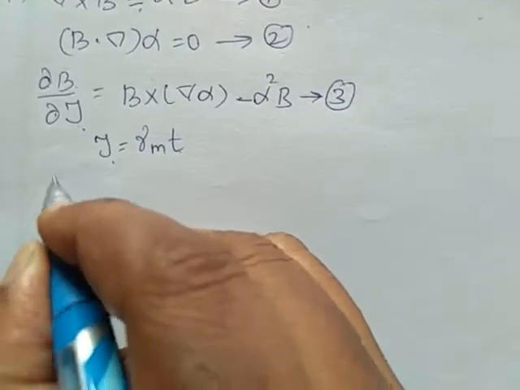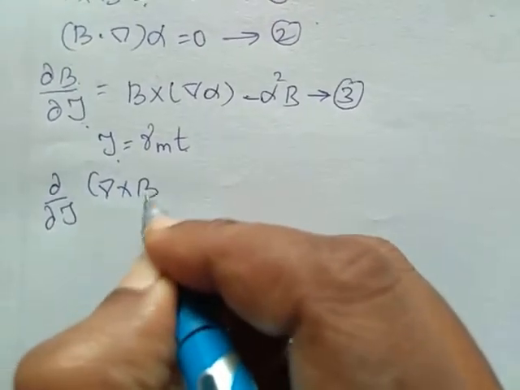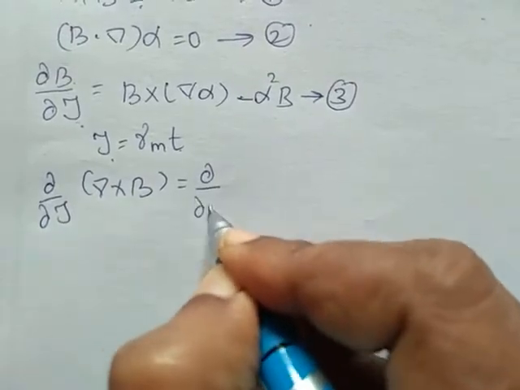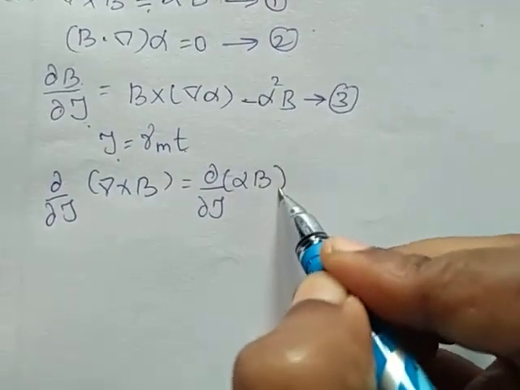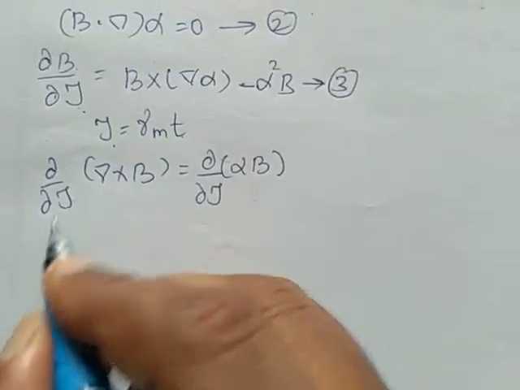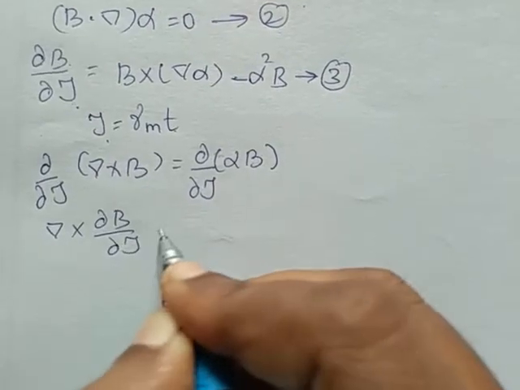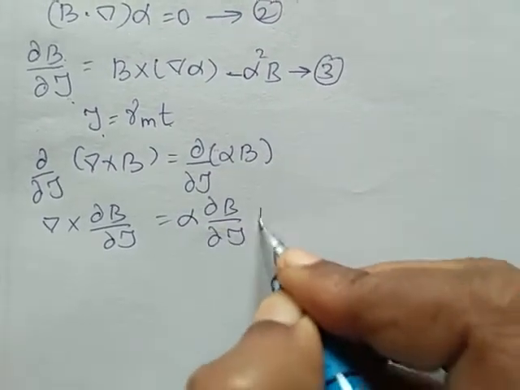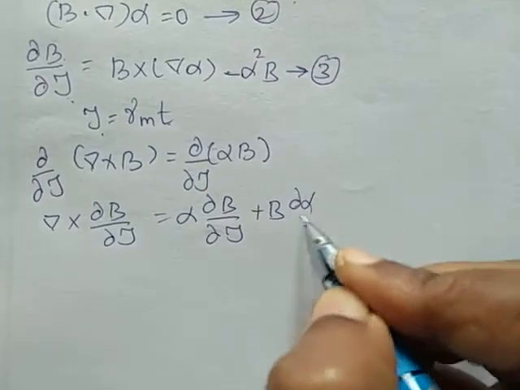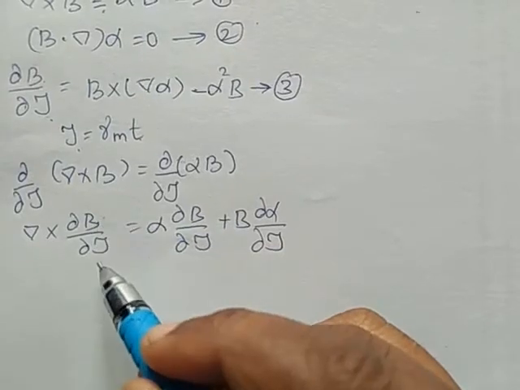So we will get dou by dou tau of curl of B is equal to the derivative of alpha B. This can be written as curl of dou B by dou tau is equal to alpha dou B by dou tau plus B into dou alpha by dou tau. What is dou B by dou tau?